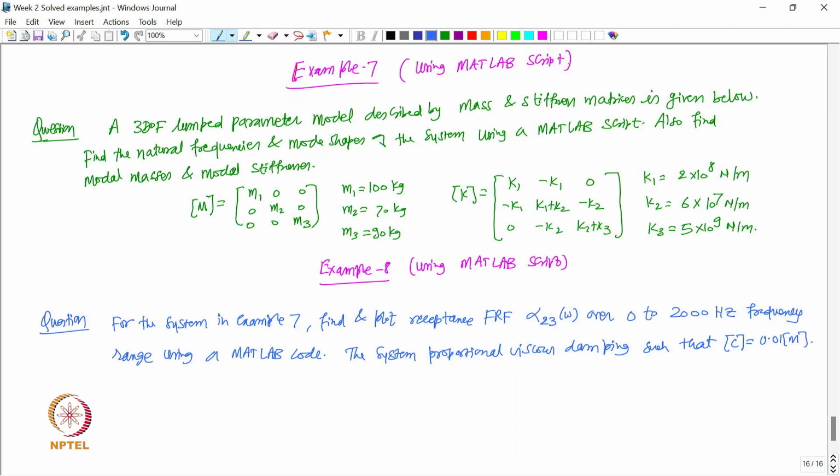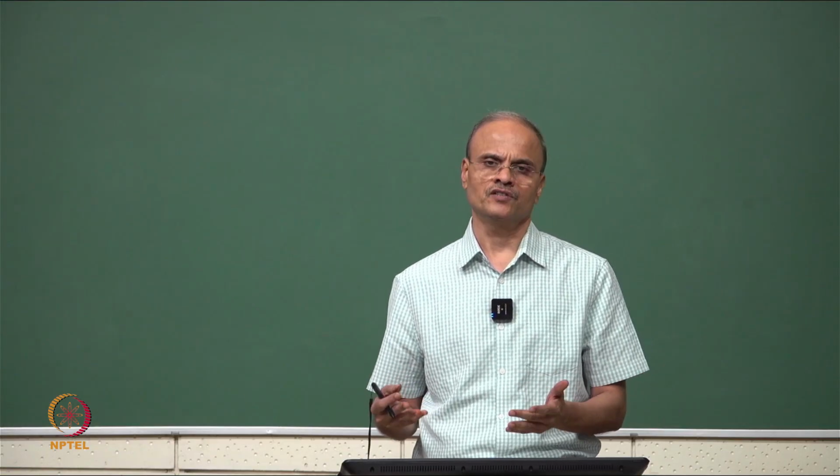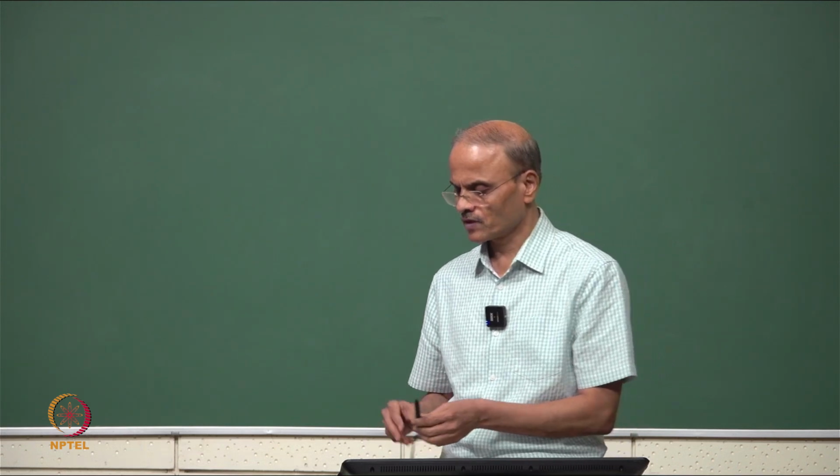So, in this problem the damping matrix has been given as proportional to the mass matrix with a proportionality factor of 0.01, correct. I have already written the MATLAB codes for these two examples, and now I am going to explain those codes, and then we will run them and see the results. Okay. So, let us shift to the MATLAB software now.